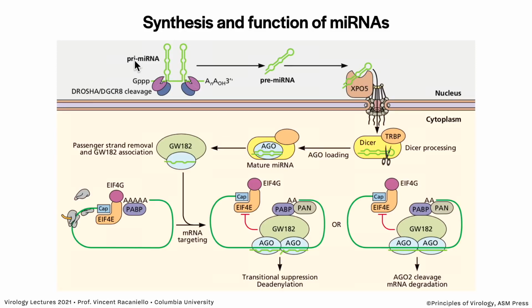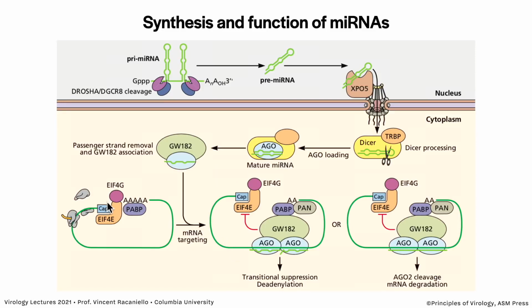A primary microRNA is made in the nucleus by Pol II, and then it is processed by enzymes in the nucleus. It's exported and eventually becomes a single strand, about 21 bases long, bound to a protein complex, including a protein called argonaute, AGO. This RNA is going to be complementary to some mRNA in the cell, and it's going to target it and regulate it.